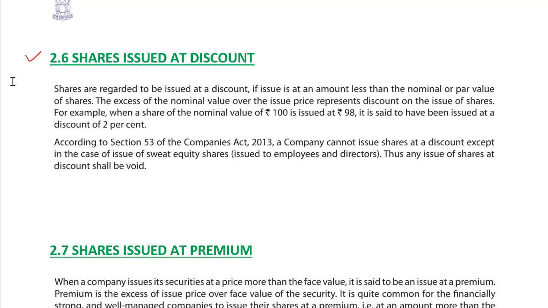According to Section 53 of the Companies Act, a company cannot issue shares at a discount except in the case of sweat equity shares issued to employees and directors. Thus, any issue of shares at a discount shall be void. Company cannot issue shares at a discount.